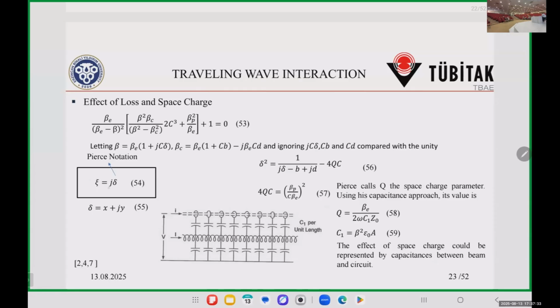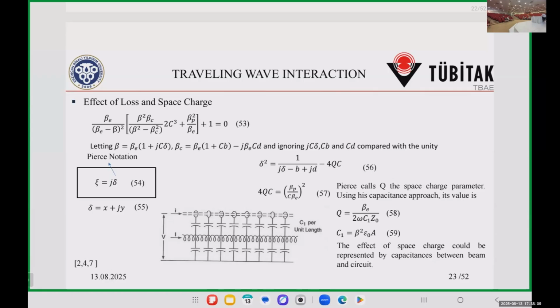This is Pierce notation. So delta is equal to x plus jy here. If you use these notations, then we can obtain this simple, elegant form of equation, 56. So we can write 4qc here, beta p divided by c beta e squared.